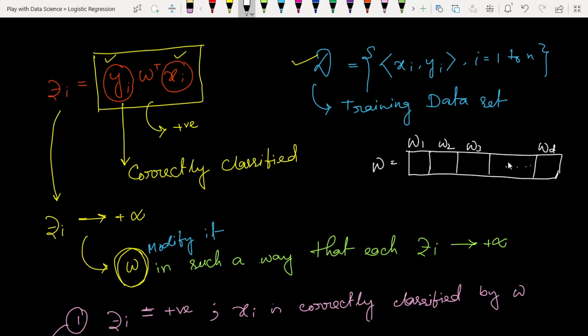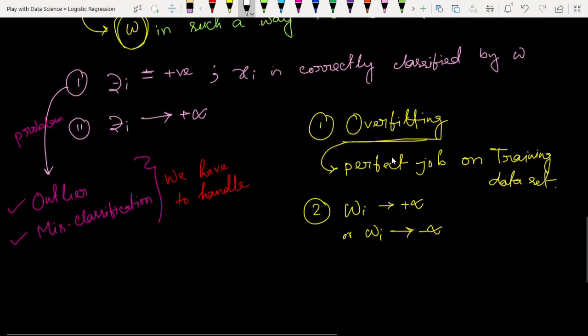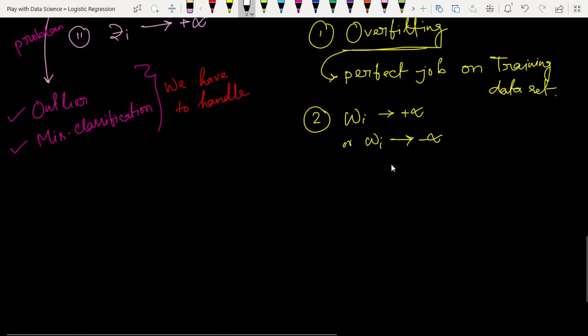If all its components are infinity, then only will w come to plus infinity. Otherwise we can say, if the components of w are minus infinity, then w will be minus infinity. So finally it is totally dependent on its components.